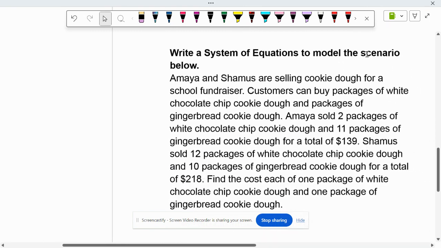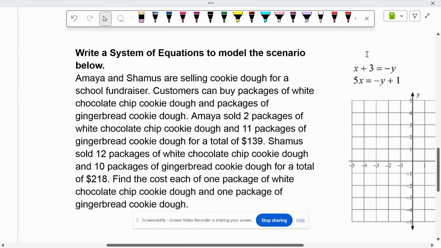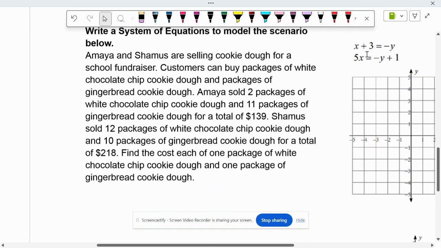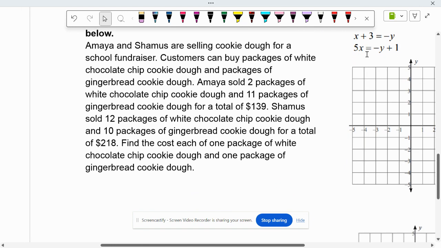And here is our first word problem. So all we're doing is writing a system of equations. We're not solving it or anything. We're just writing a system of equations, because that's the hard part, right? Is figuring out the equations. So Amaya and Seamus are selling cookie dough for a school fundraiser.